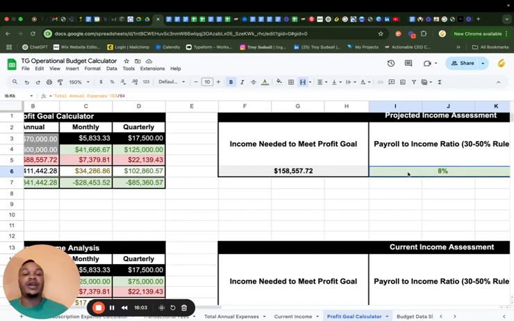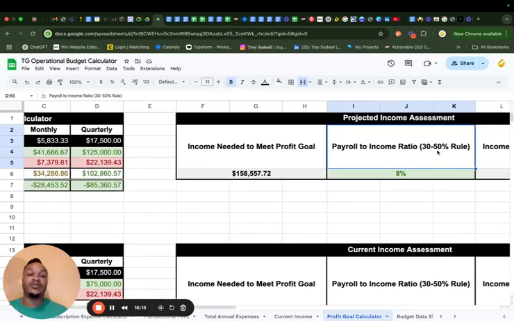So whatever payroll is divided by $41,666 a month is giving me 8%, which means I am not spending more than 30 to 50%. So I'm well within this rule. I'm not exceeding any of these percentages.